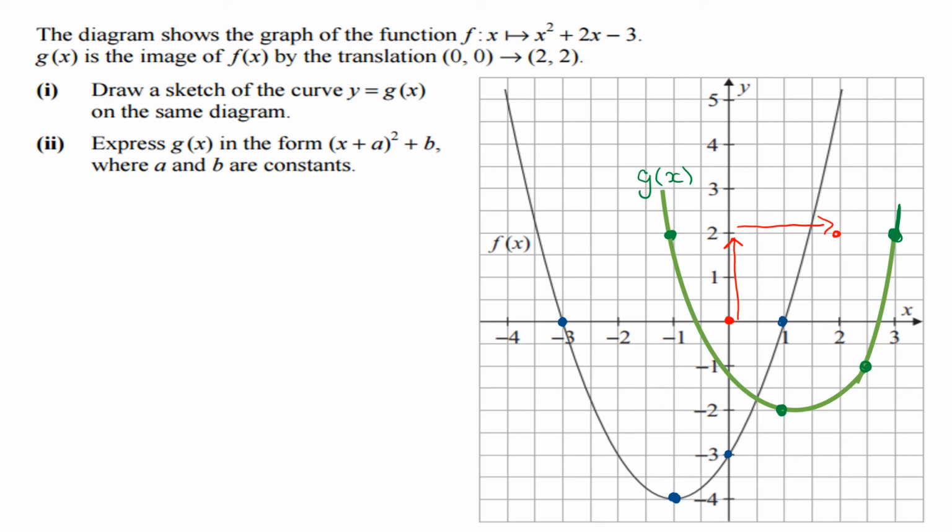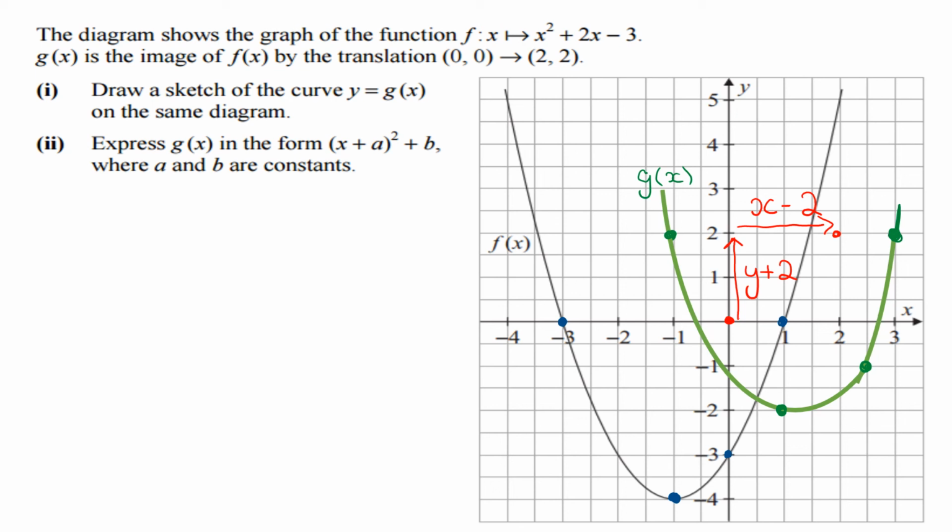When it moves up, this is translating in the y direction, up and down, and it's adding 2 to the y value. When we move to the right, and this is where it gets tricky, the x always acts opposite or backwards to what we'd expect. So here, this translation is actually x minus 2. So taking 2 from the x value shifts this to the right.